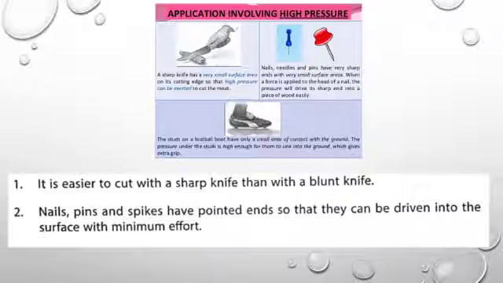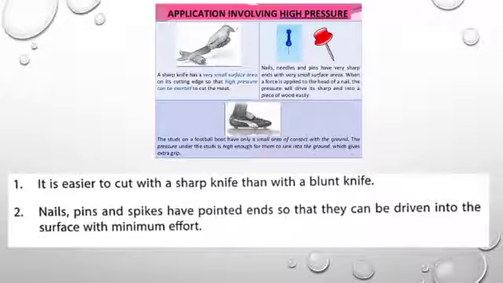Nail pins and spikes have pointed ends so that they can be driven into the surface with minimum effort. As nail pins have a sharp end, there is a small area of contact, which increases the effect of pressure.